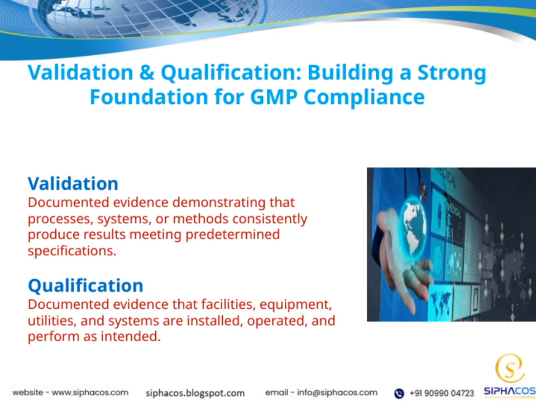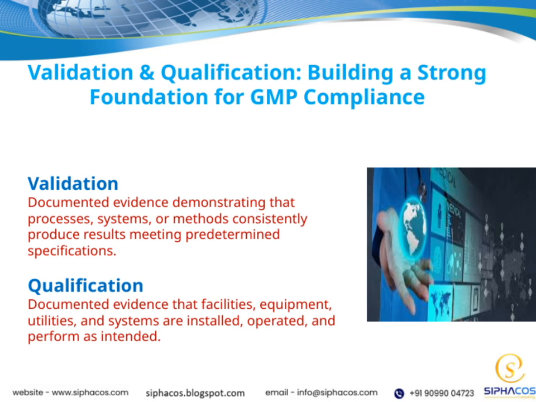This involves having documented evidence that our facilities, equipment, utilities, and systems are installed properly, operated correctly, and perform as intended. Qualification ensures that every component of our manufacturing environment is functioning optimally, which is essential for maintaining product quality and compliance.